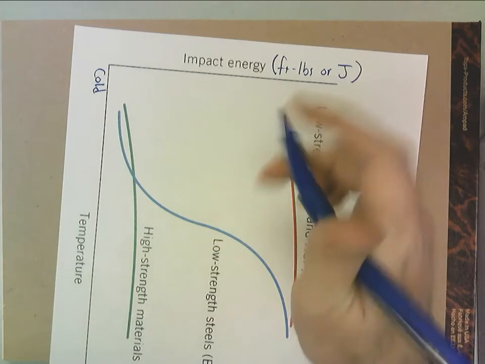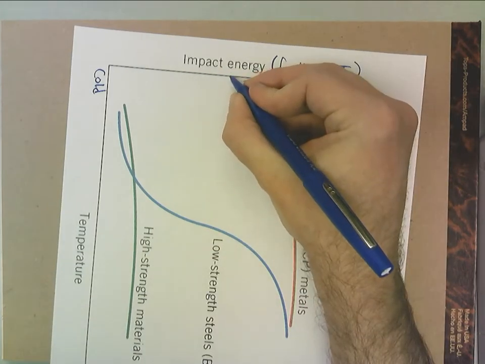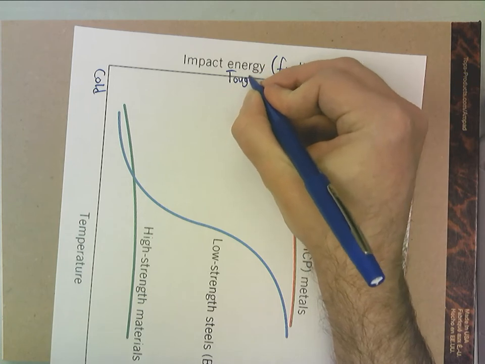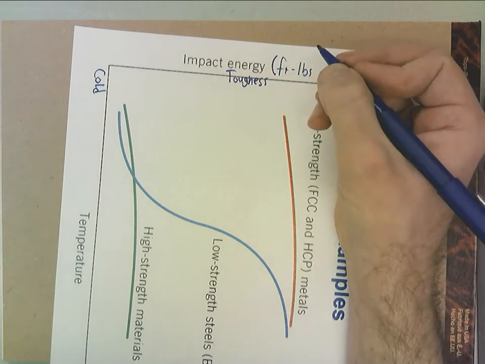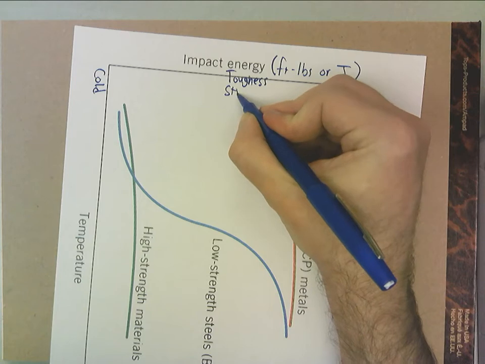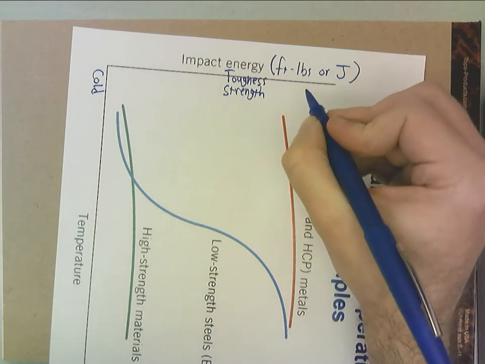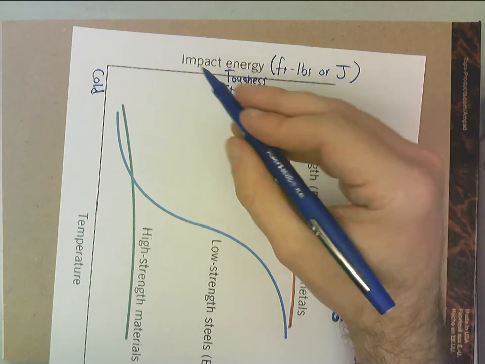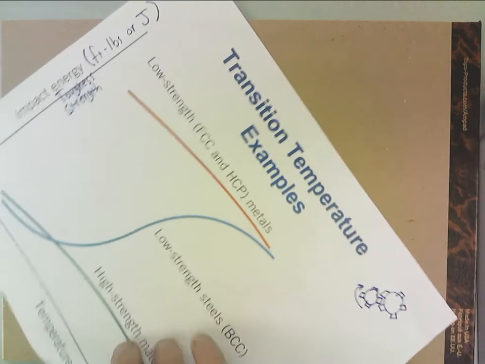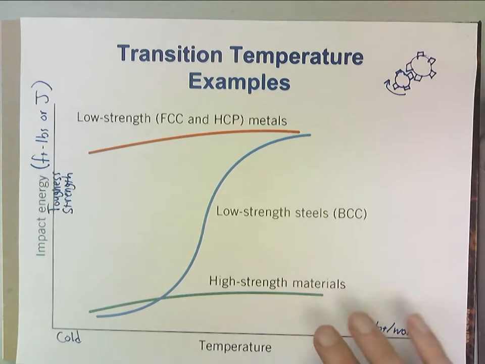So sometimes people will say impact energy. Sometimes they'll say toughness. Sometimes they'll say impact strength. Technically, this is not a strength, okay? Just so you know, impact strength is a bit of a misnomer. It is common for people to say it.